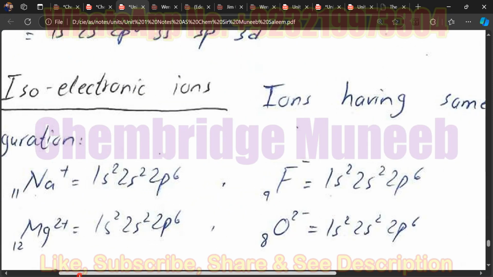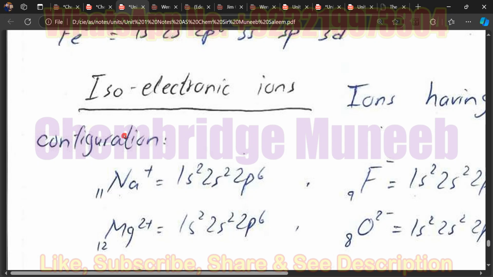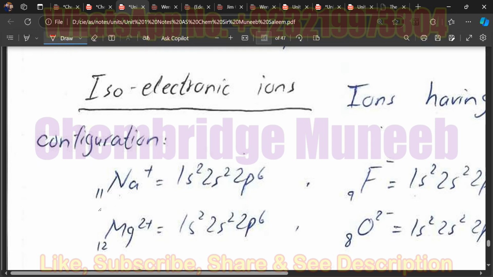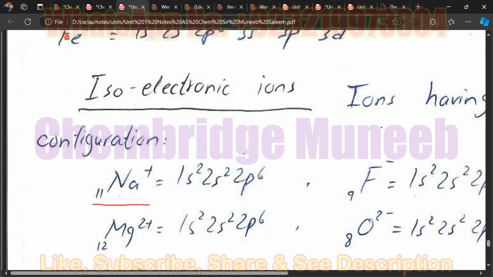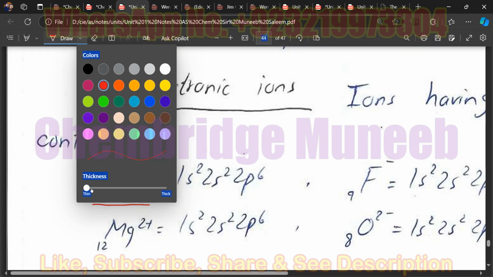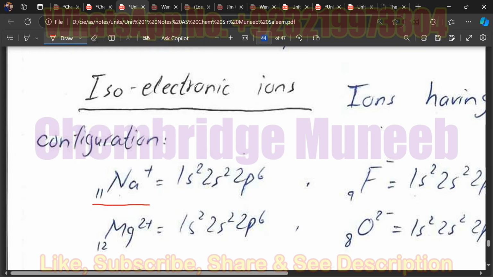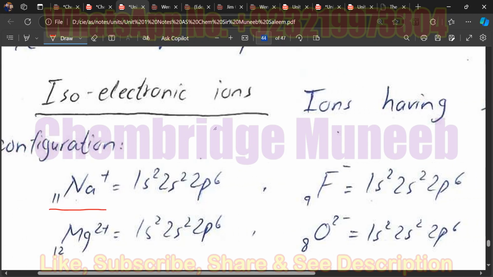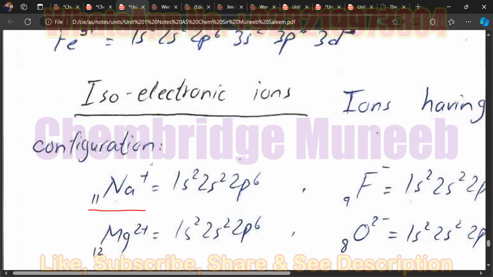For example, the sodium ion is shown. The sodium ion means it has lost how many electrons? How many electrons are lost by sodium here? 1.